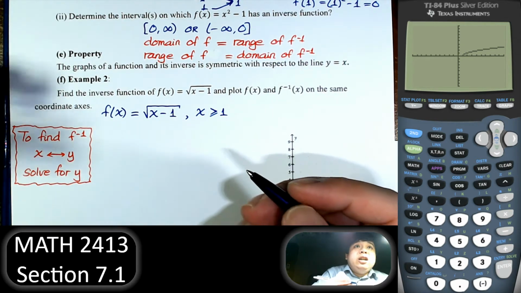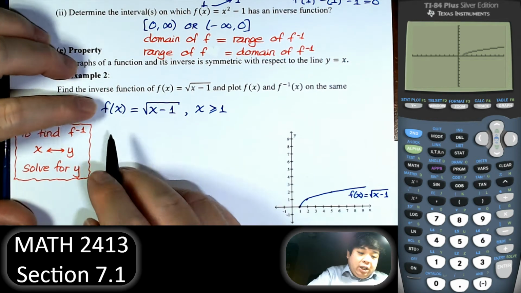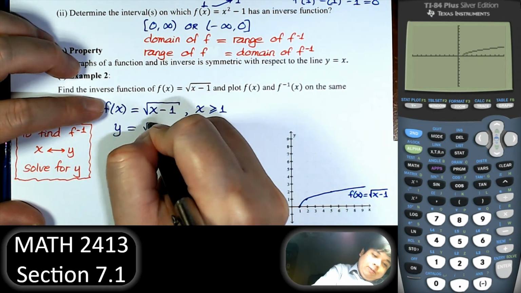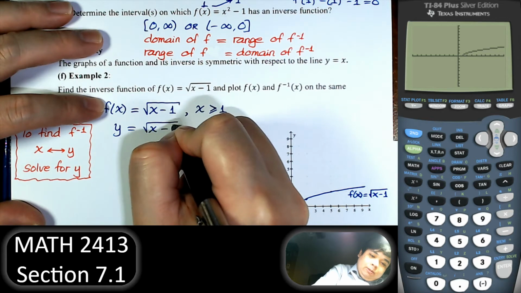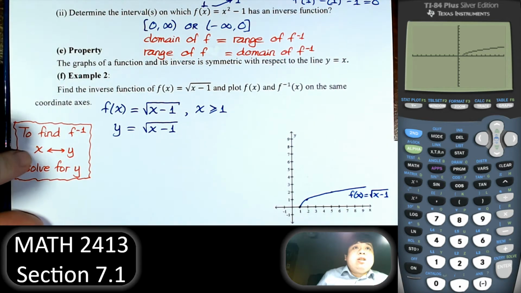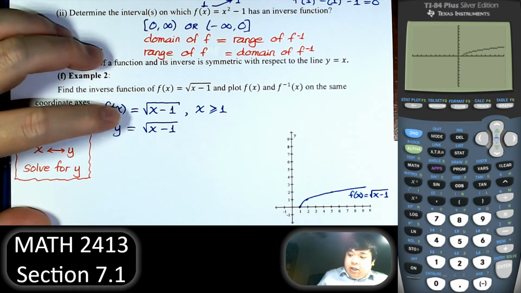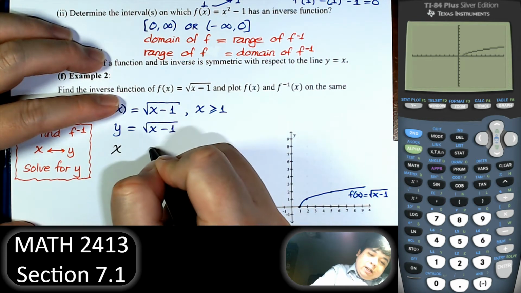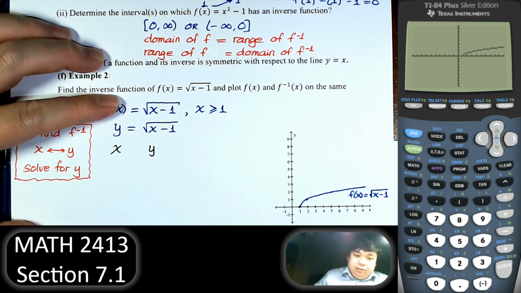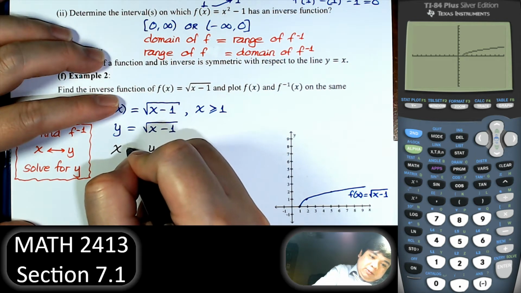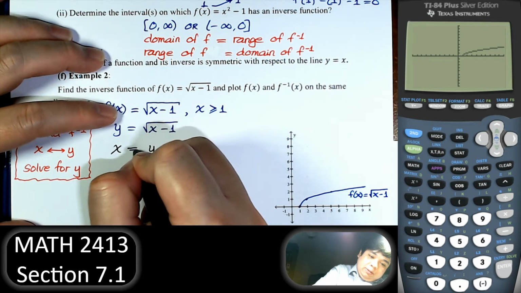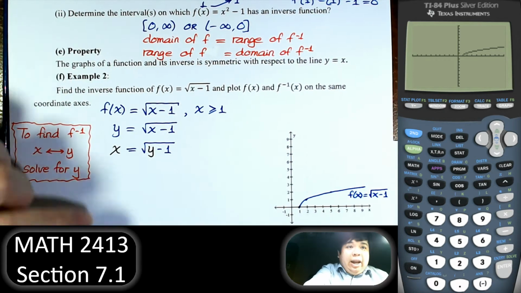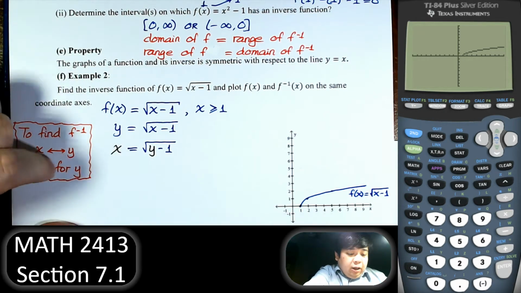So before that, we need to know what is y. So f of x here, that is y. Right. The first step is interchange x and y. So we're going to say this y becomes x, and this x becomes y. Right. Now to solve for y is the next step.